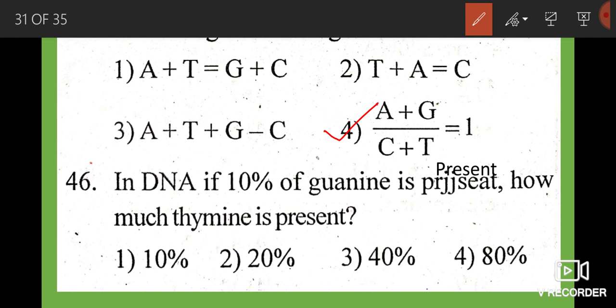Question number 46. In DNA, if 10% of guanine is present, how much thymine is present? So guanines are 10%.